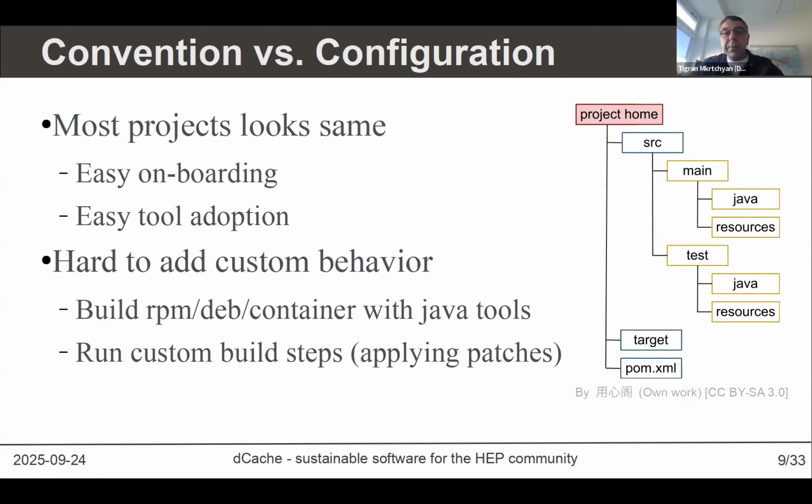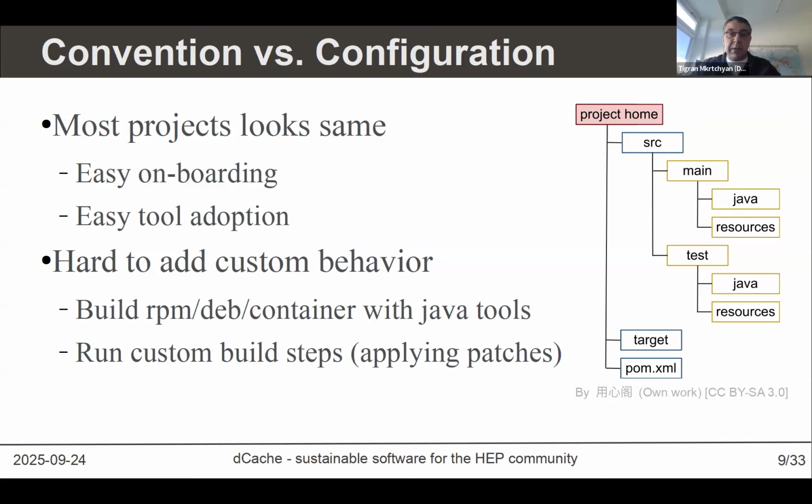From a software layout perspective, we're using a concept called convention over configuration. This means that projects look the same independent of which type of project it is. In our case, it's a Java project, so we use the standard Java project layout, which makes it easy.